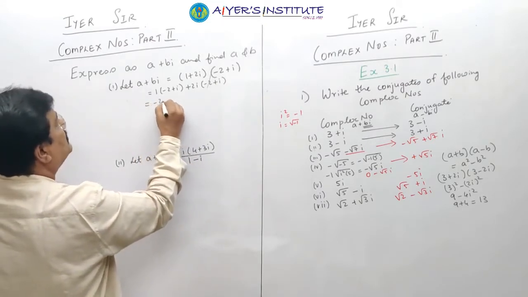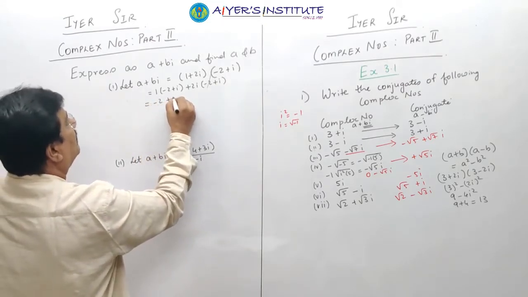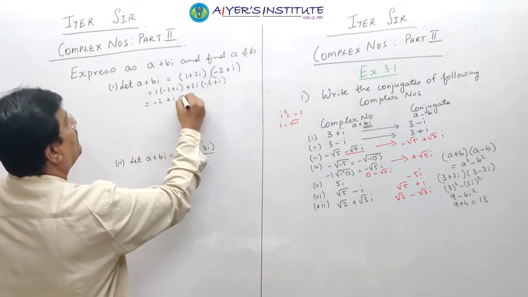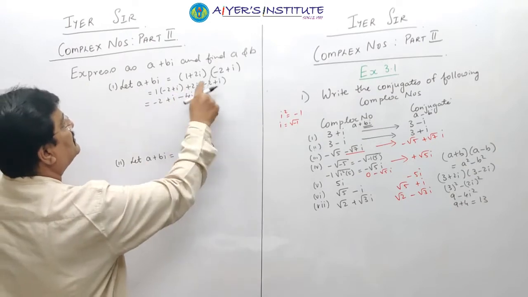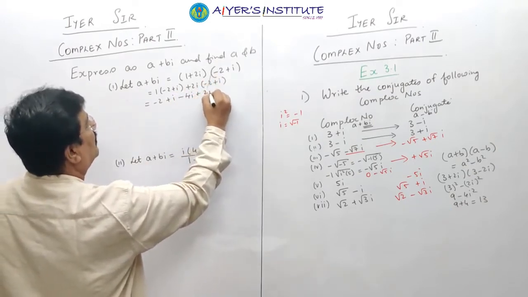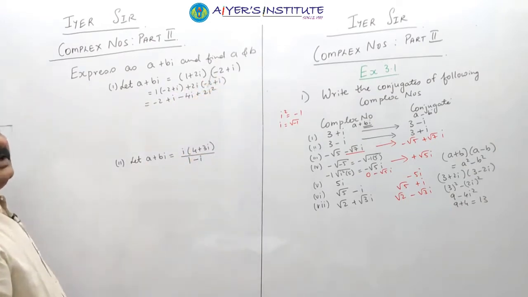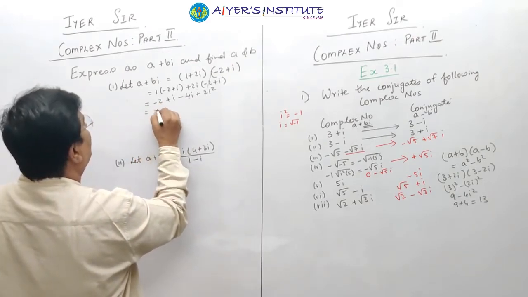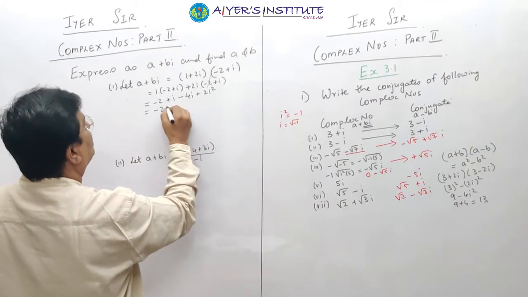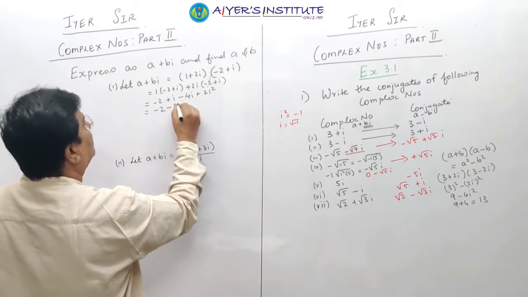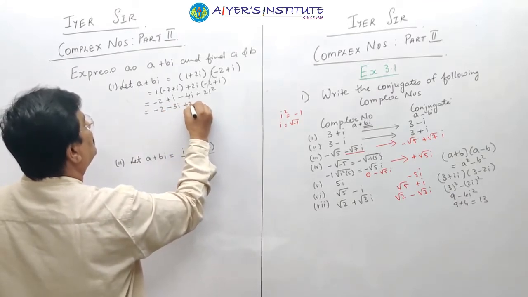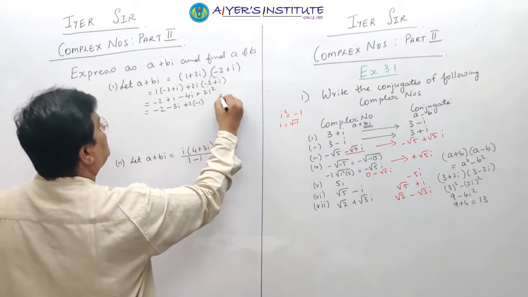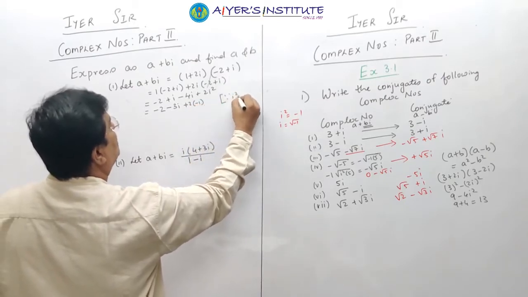So you get minus 2 plus i, plus into minus minus 4i, plus into plus plus 2i square. The value of i square is minus 1. So when we simplify this, it will become minus 2 minus 3i plus 2 into minus 1, since i square is equal to minus 1.